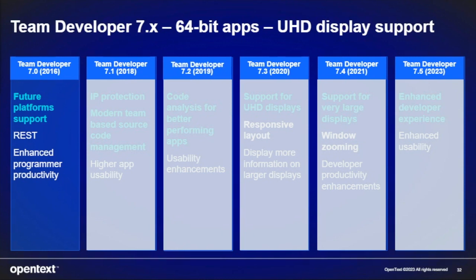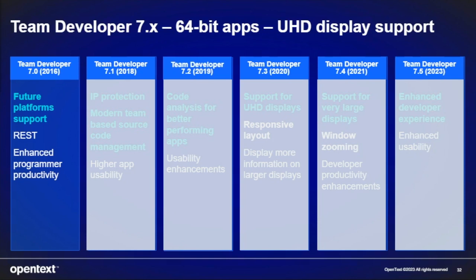And you see, we had quite a few 7.x releases during OpenText times. 7.0 in 2016, you get future platform support, REST support. So basically, the world has moved a bit from web services to REST services, changing from XML data being sent around to JSON data being sent around.